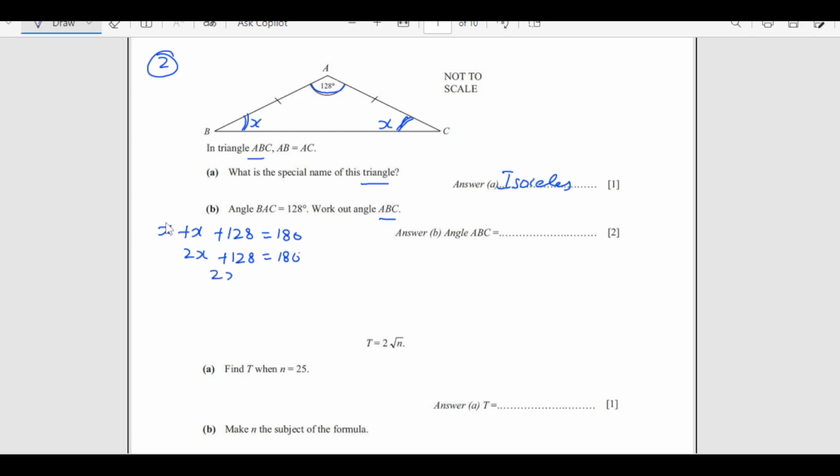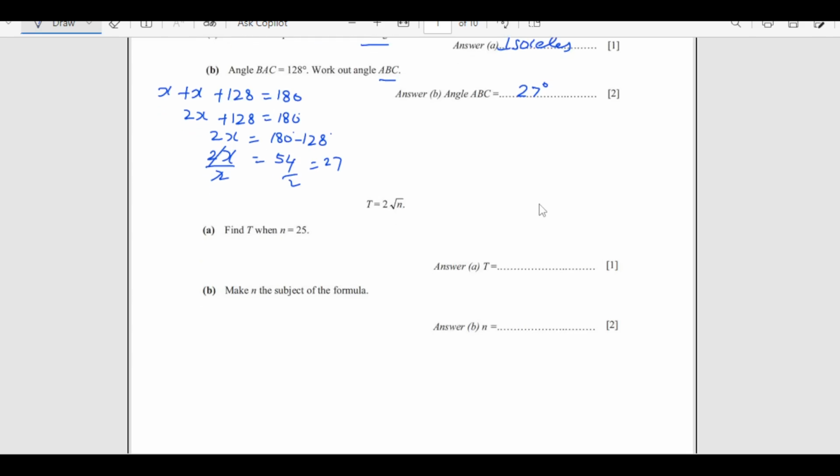So 2x is 180 minus 128, which is 54. We have 2 on this side, so divide by 2 on both sides. So x is 27. So angle ABC is 27 degrees. That's it for this question.